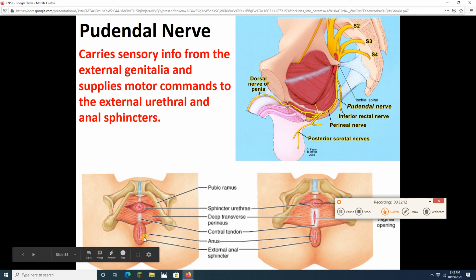Sphincter muscles are circular muscles. Here is an external anal sphincter muscle around the anus. Here's an external urethral sphincter muscle around the urethra. And we see it in the female as well. These are obviously what are going to prevent us from going to the bathroom when we got to go to the bathroom, but we don't want to go to the bathroom. So that's the motor part of the pudendal nerve.